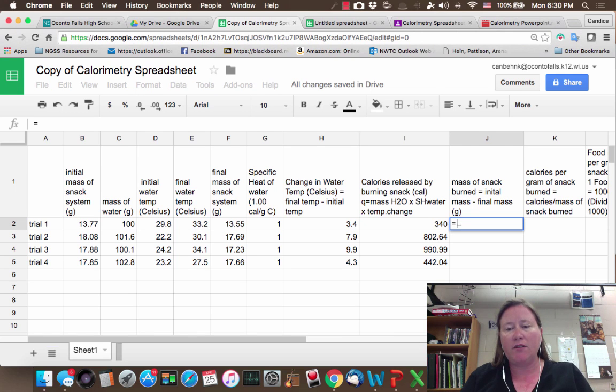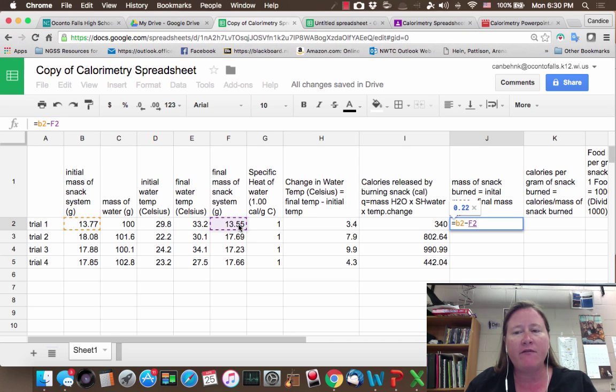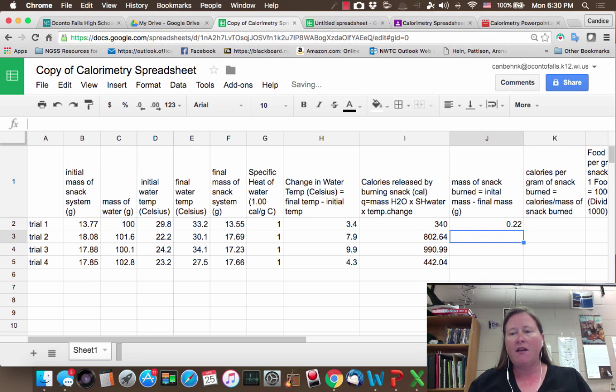So again, the equal sign, B2 minus the final mass, which is in cell F2. Now, you can see that I actually just clicked on F2 and it automatically put that in, which is very interesting. I've never seen that happen before, so that's kind of exciting.